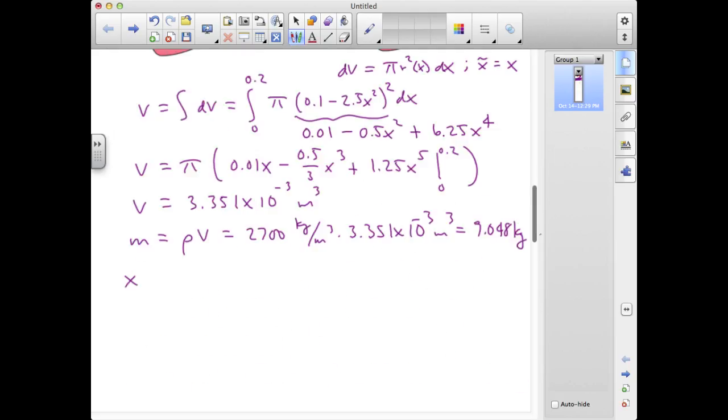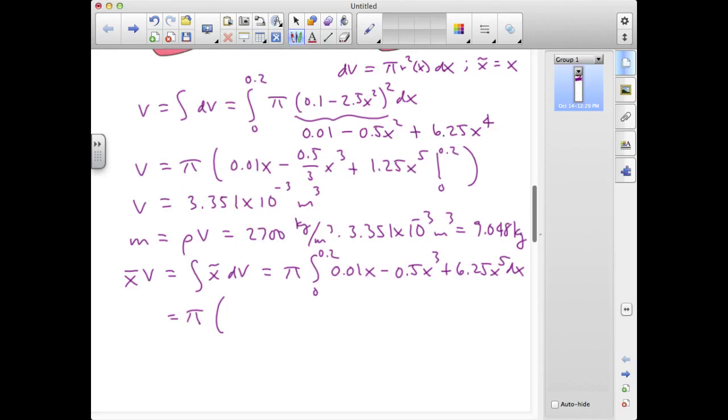Okay, so we know that the product of the centroid times the volume is equal to this integral of x tilde dV. X tilde is just x, so that means we can write this as pi times the integral from 0 to 0.2 of 0.01x minus 0.5 x cubed plus 6.25 x to the fifth dx.